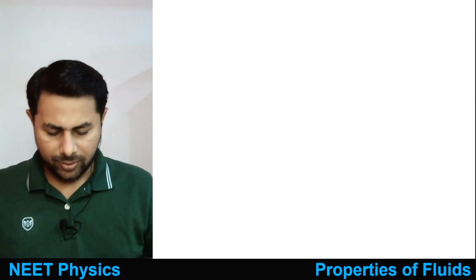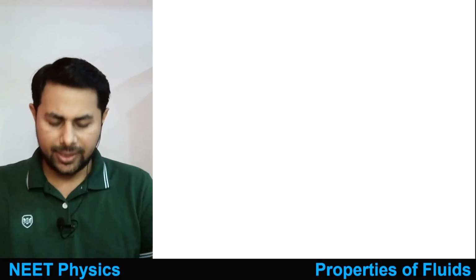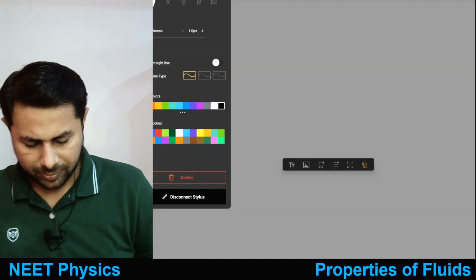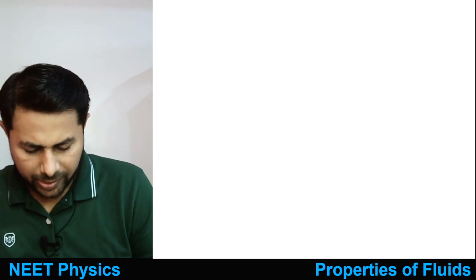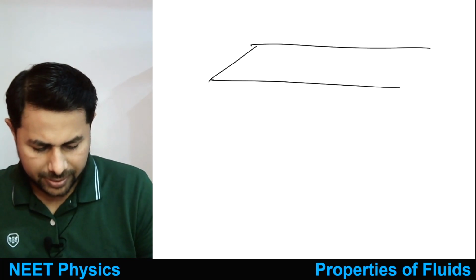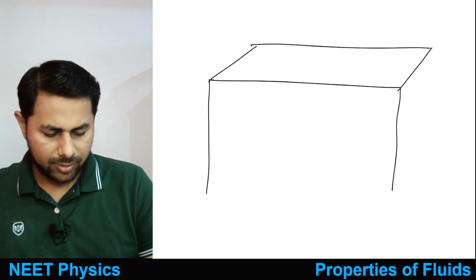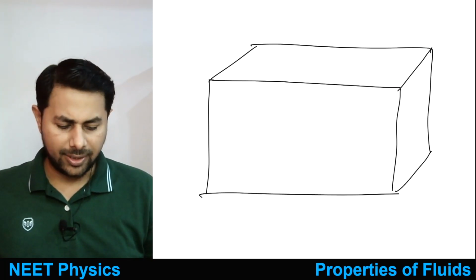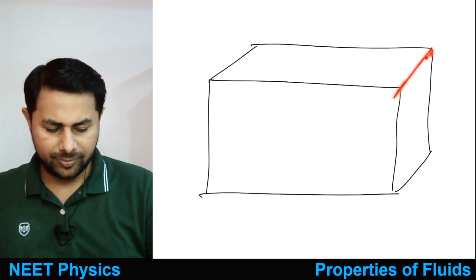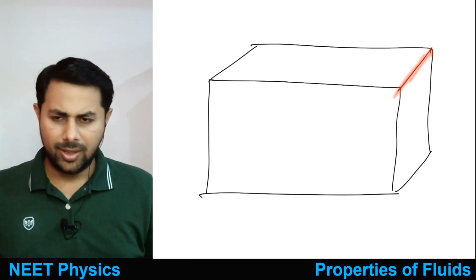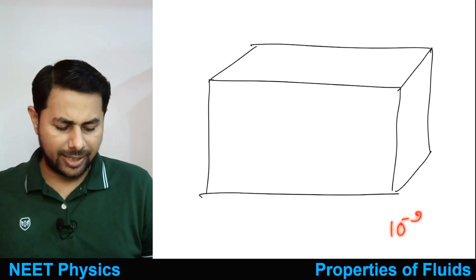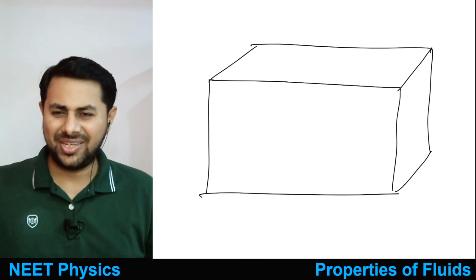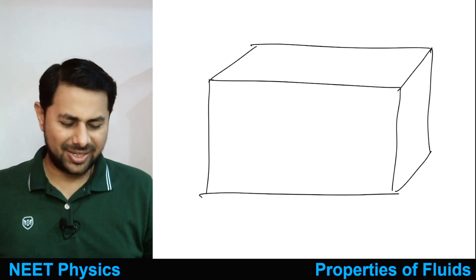As you see, the soap film looks very thin, right? Soap film is very thin, but still the soap film will have some thickness like this. If you see it through a microscope, it will look something like this, and the thickness of this film would obviously be greater than 10 raised to minus 9 meters, because you can see it.